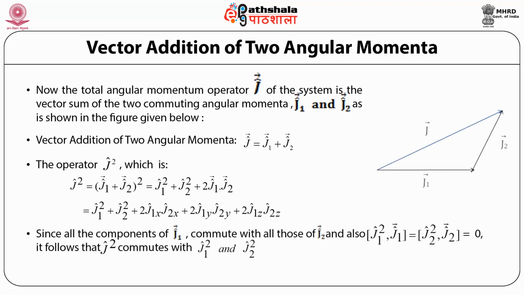Since all the components of J1 commute with all those of J2, and also the commutator of operator J1 square with J1 is equal to the commutator of operator J2 square with J2 is equal to 0, it follows that J square commutes with operator J1 square and operator J2 square.